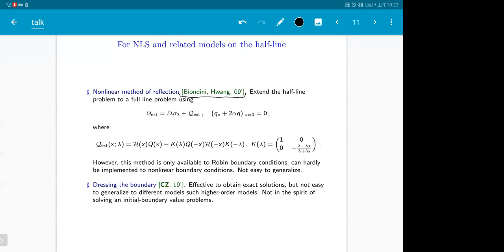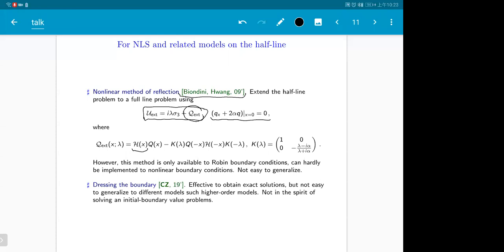The basic idea is to use the extended Lax pair, where Q is an extended potential and H is the Heaviside function. If you use this Lax pair, you will recover a half-line problem with Robin boundary conditions.